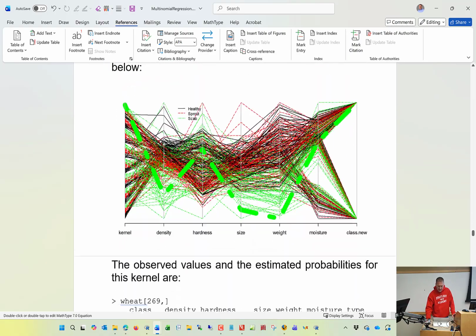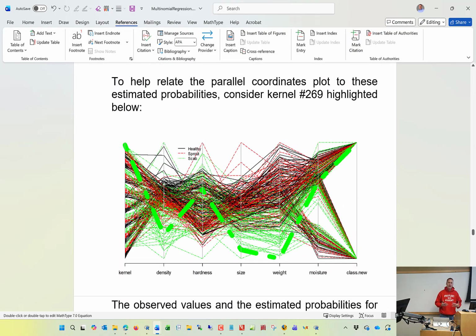Let's try to give some intuitive sense for what's going on here. We're going to look at observation number 269, which is highlighted in a thicker long dash, short dash kind of line. Just from looking at that plot, we can see that this was observed to be a healthy.